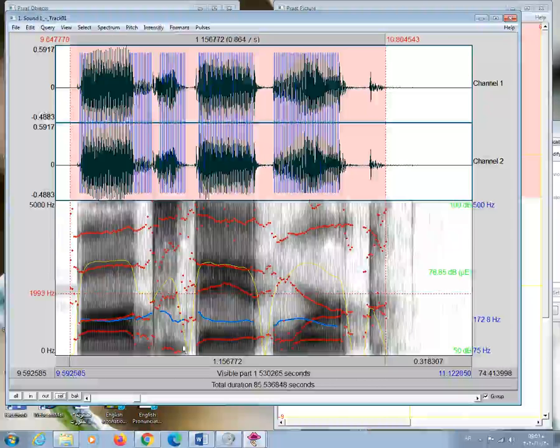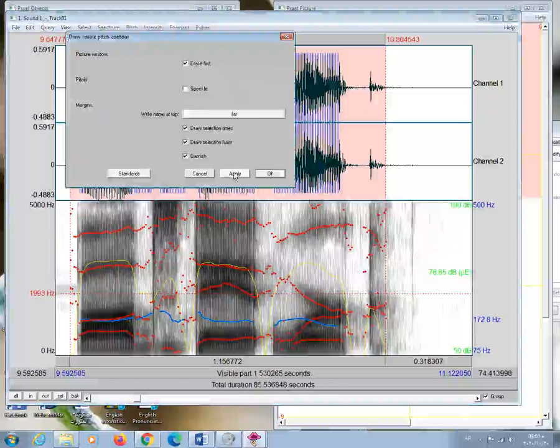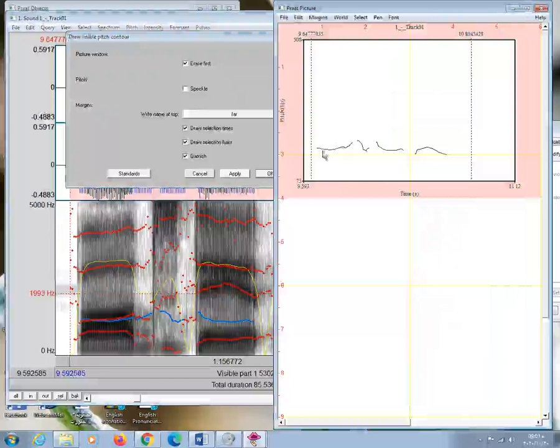If I want to show the pitch alone, I can say draw visible pitch contour and I say apply, and we have this. Bob's day at work. Okay, of course the first B is voiceless. The first B is a stop consonant, there is no voice for it, the vocal folds do not vibrate.